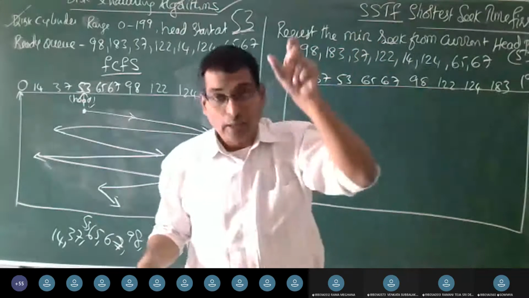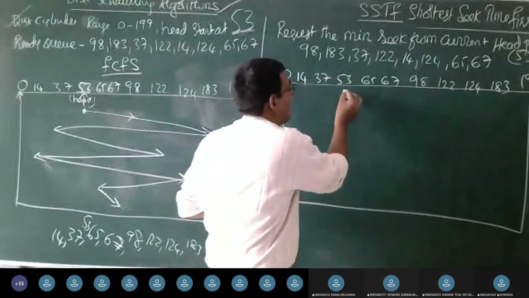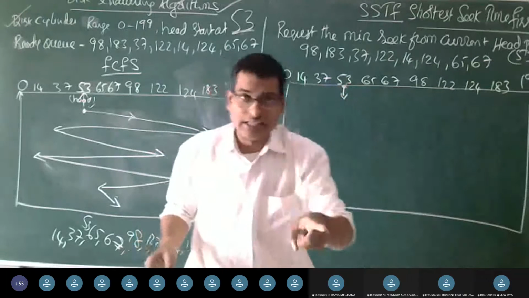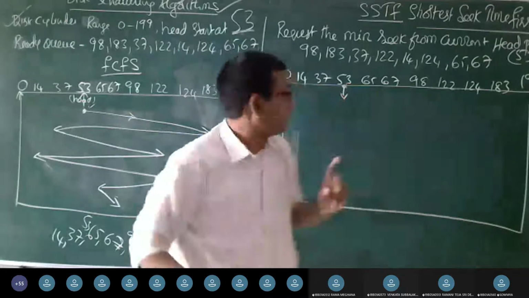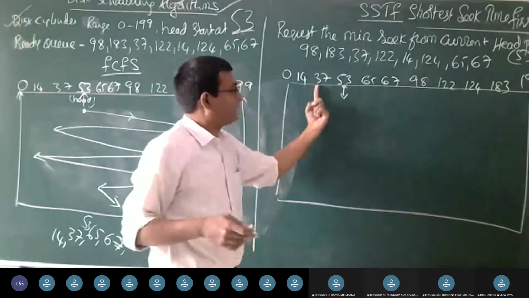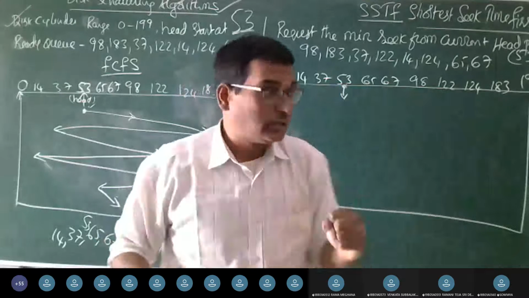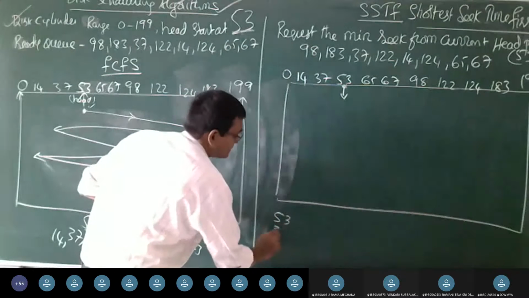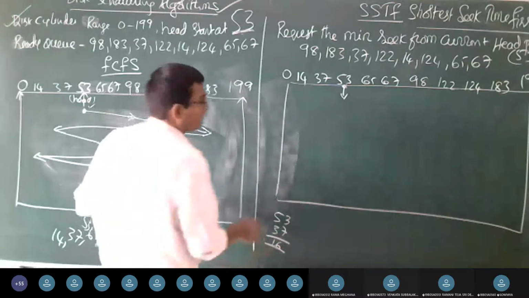How are we going to analyze the things in shortest seek time first? Now the disk arm was at 53. That is the starting position. For 53, which is the shortest item? It can be 37 or it can be 65. Okay, which is shortest? Now I am going to compute the difference here. 53 minus 37, I am going to get 16 as a difference.